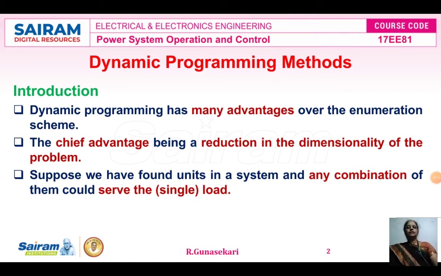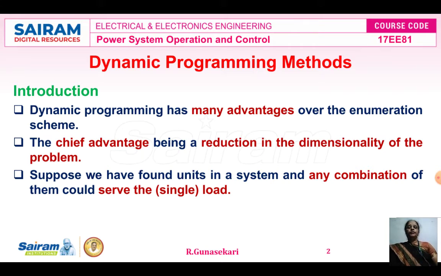First, students, some assumptions are made in the dynamic programming method. Before the assumptions, we study the introduction to the dynamic programming method. The dynamic programming method has many advantages over the other methods, that is, the Lagrange method and the priority list method.